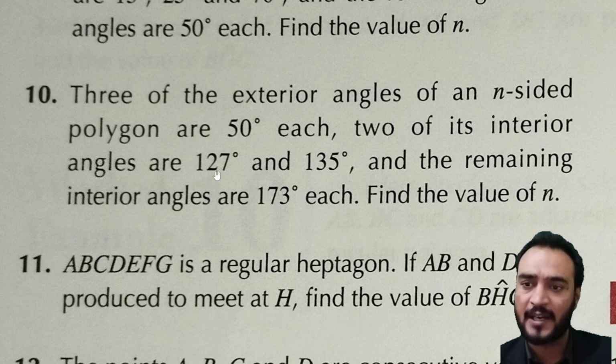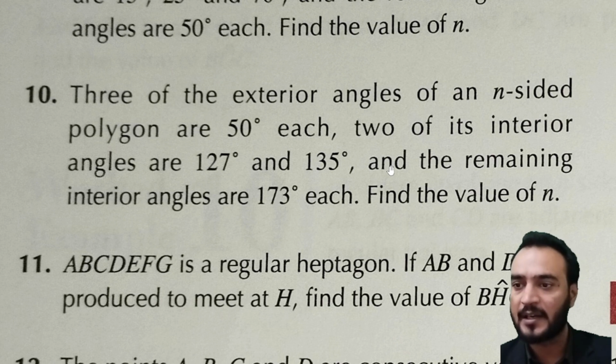If we subtract the interior from 180 degrees, we get the exterior angle, so with 127 and 135 two exterior angles will be there, and the remaining interior angles are 173 degrees each.